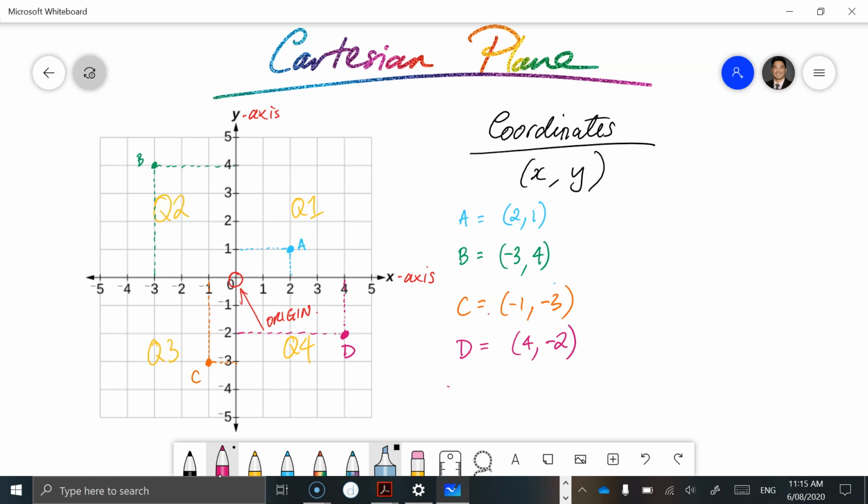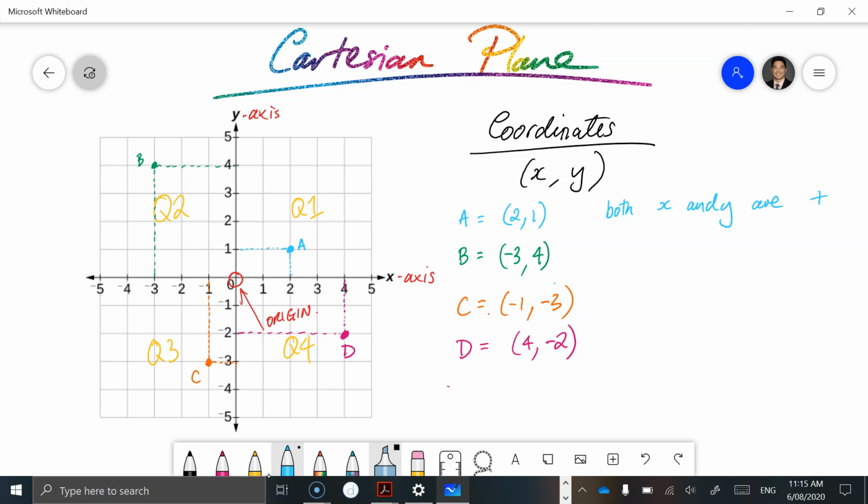All right, so I want you to understand that each of these 4 points that we've just put in are in 4 different quadrants, and the values of each x and y are different. Let's look at A. Both x and y are positive.